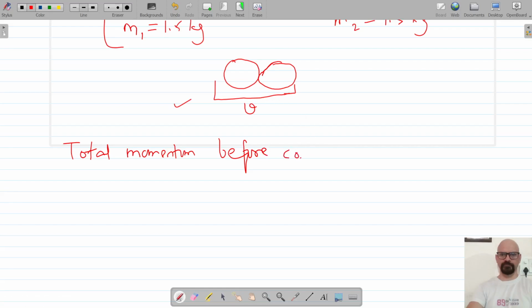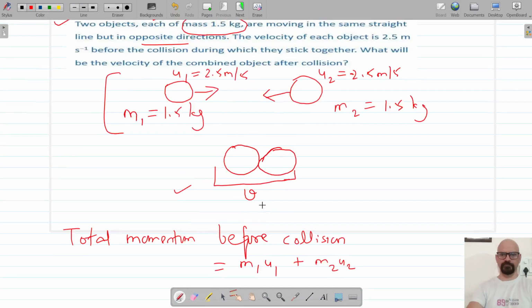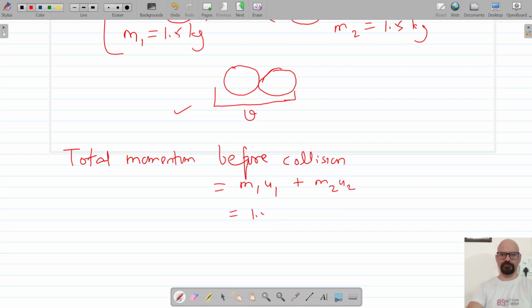So total momentum before collision would be the momentum of the first object plus the momentum of the second object. Both have the same mass, that is 1.5, and the same speed, but are moving in opposite directions. So I'm going to give one of the velocities a negative sign for the opposite direction.